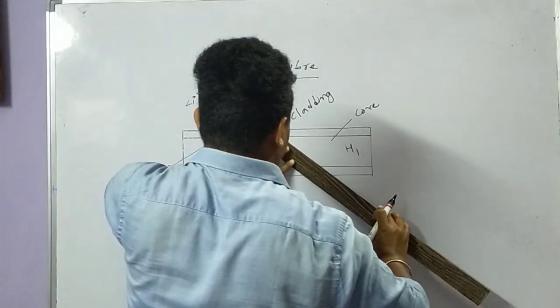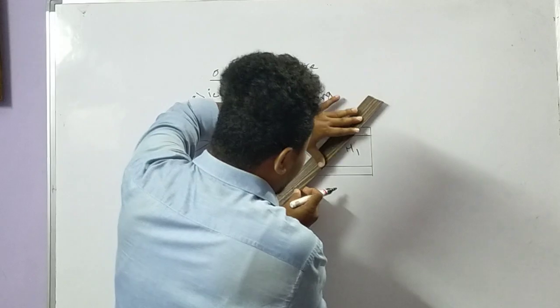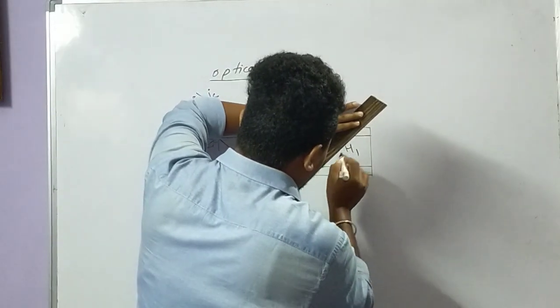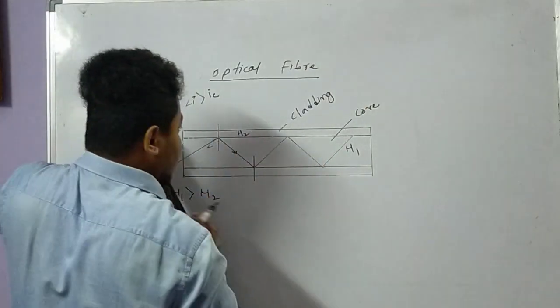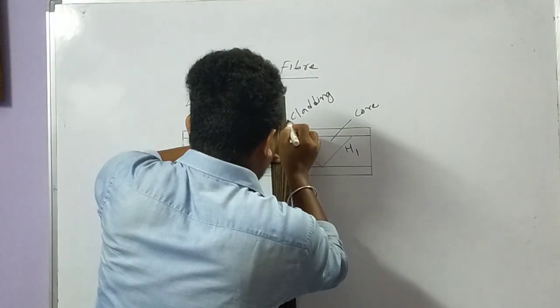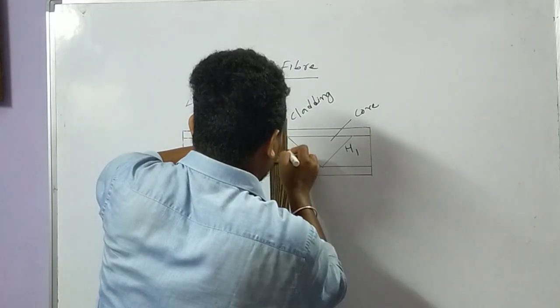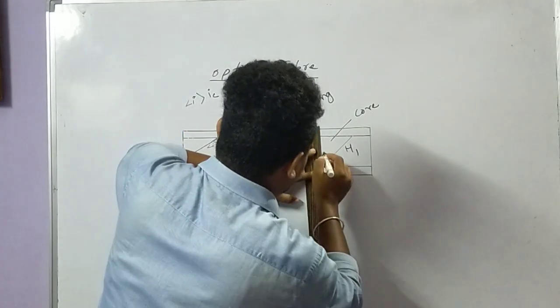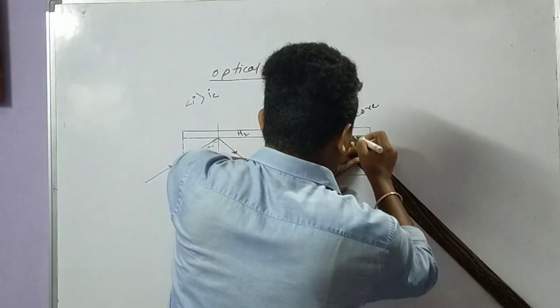The same thing will happen here also, and it will keep happening multiple times, and at a particular point it will come out of the optical fiber. If I make a normal here, it will be very easy for you to understand.